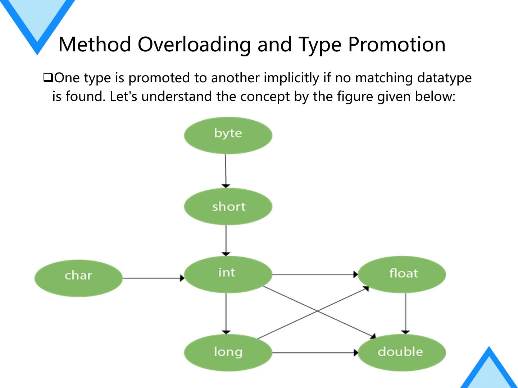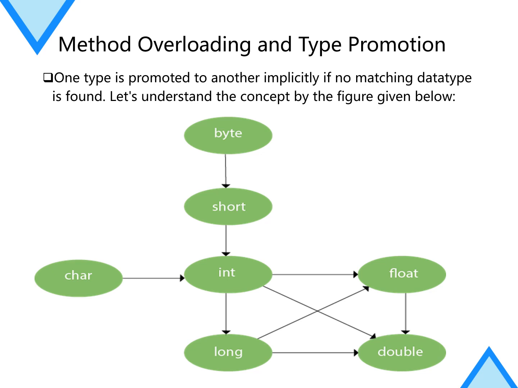So double is the highest data type, it takes more memory. So if we have a small data type, then it can be promoted to the higher data type implicitly without using typecasting. The compiler will automatically cast the type. So this phenomenon is called type promotion.